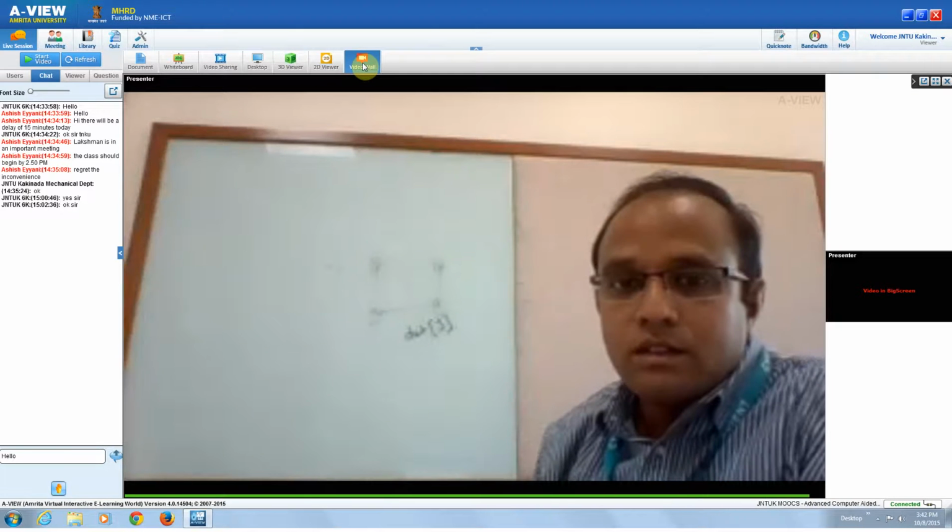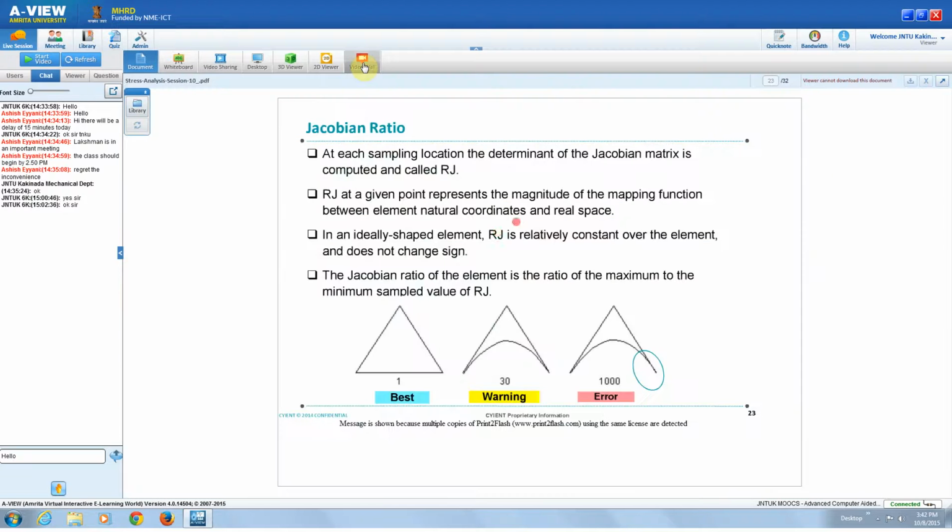So for a quad element there will be four determinants of Jacobian, and the Jacobian ratio is the maximum Jacobian to the minimum Jacobian in a particular element. That will give the Jacobian ratio.